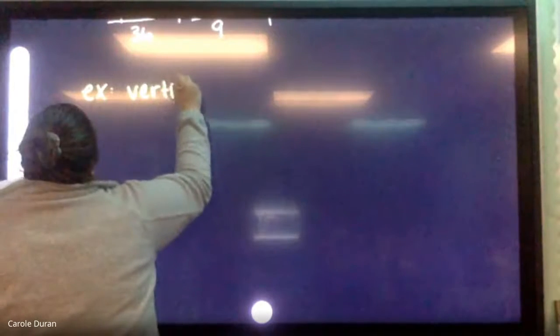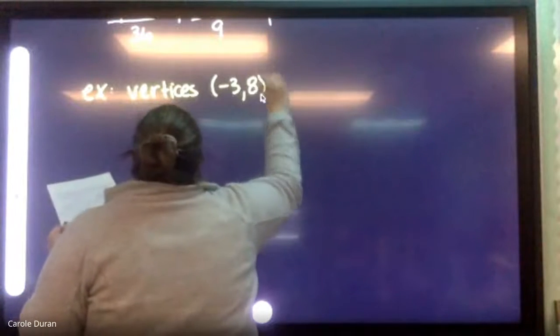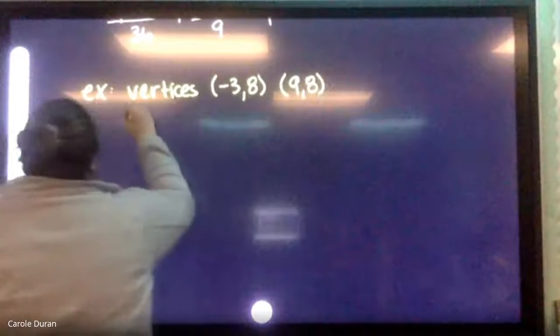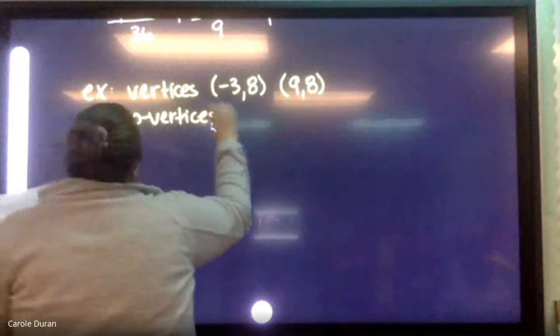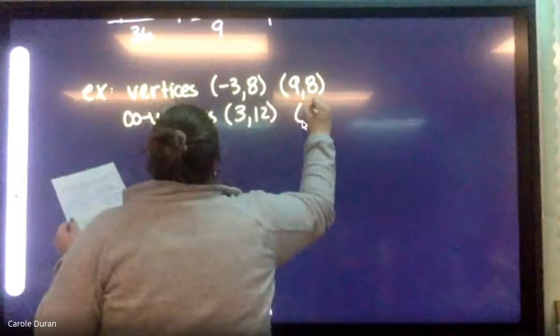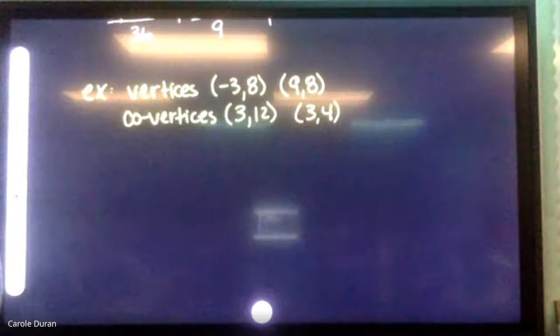So this one has vertices of (-3, 8) and (9, 8), and co-vertices of (3, 12) and (3, 4). And I would like for you to write the equation for that ellipse.